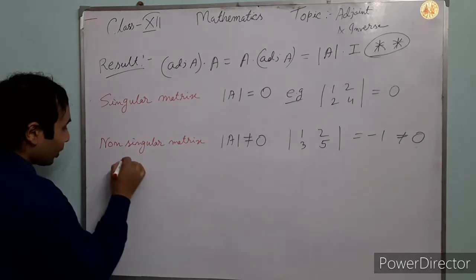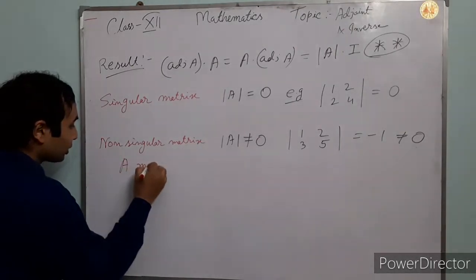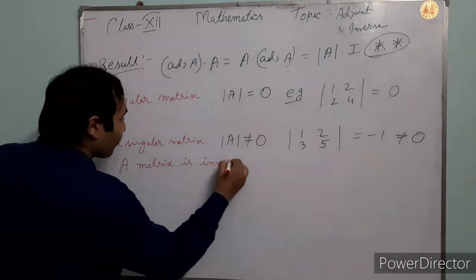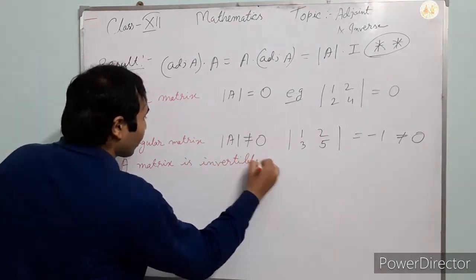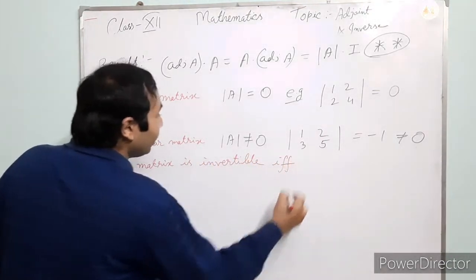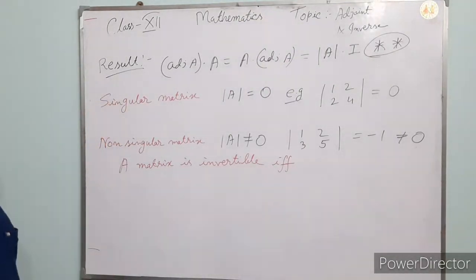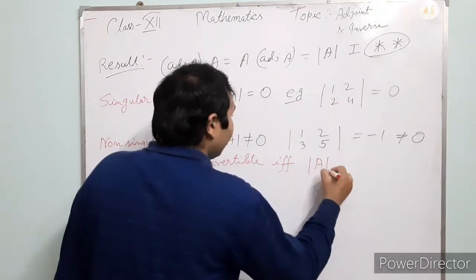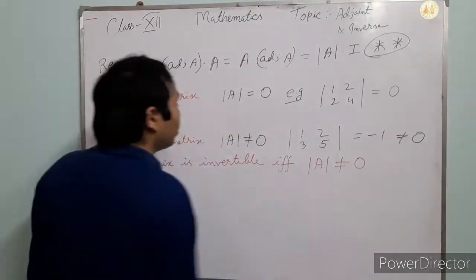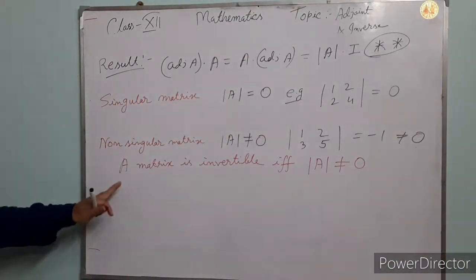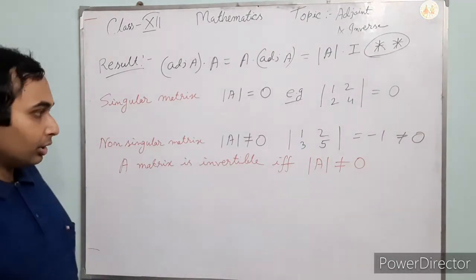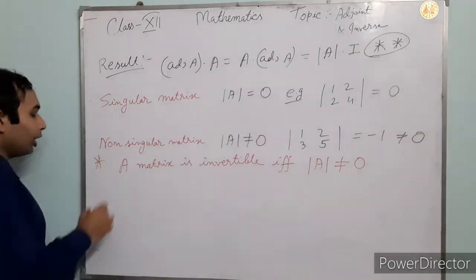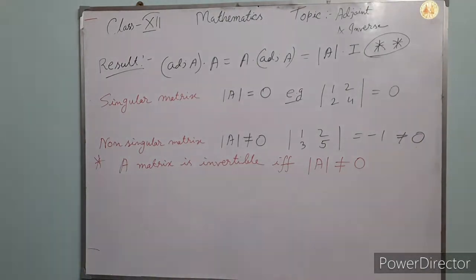That is, a matrix is invertible if and only if, that is, both ways it is correct, mod A not equal to 0. That is, it is the non-singular matrix. A matrix is invertible if and only if mod A is not equal to 0.